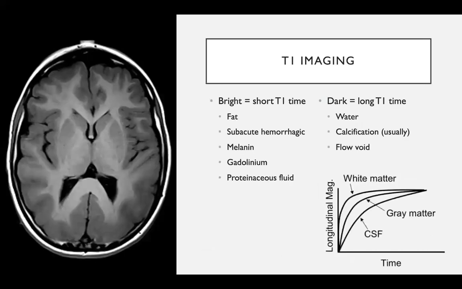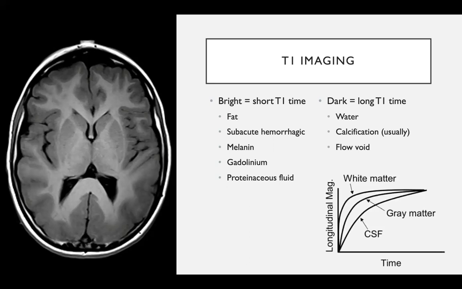So here on our left, we have an axial slice of a brain MRI. And we have some tissues that appear bright and some that appear dark. The bright tissues have short T1 times. So this is going to be fat, subacute hemorrhage, melanin, gadolinium, or other paramagnetic metals such as iron, and proteinaceous fluid.